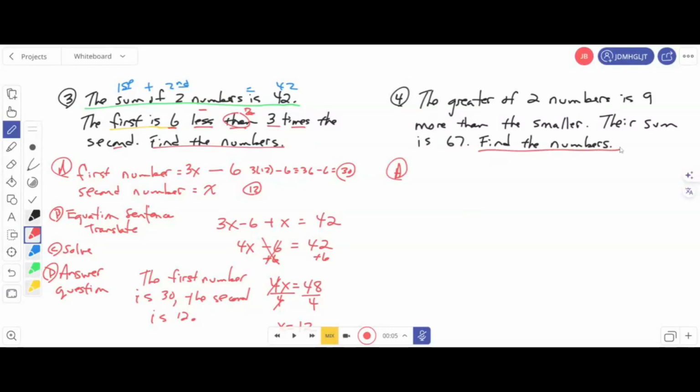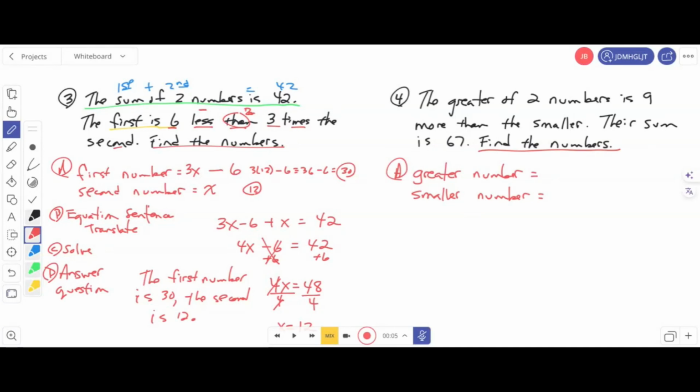First thing we do is determine what they're asking us to find. They want us to find the numbers, but this time the numbers are labeled greater and smaller. I would love to have a sentence that says the greater number is, and a sentence that says the smaller number is.